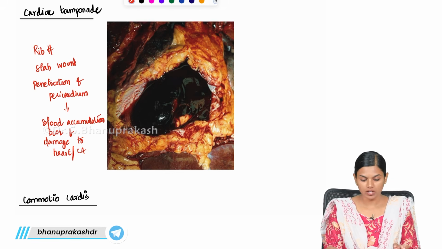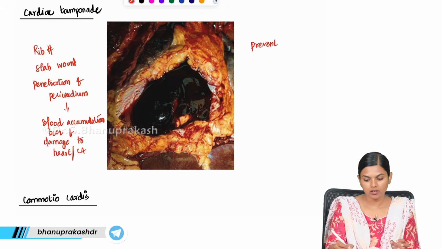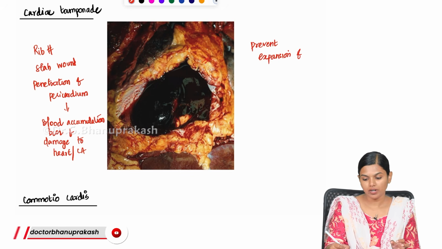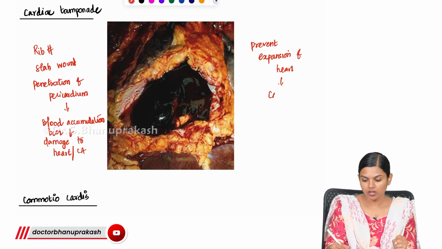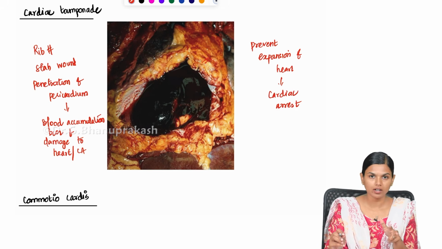So when the blood keeps on accumulating, it will prevent the expansion of the heart. Because of that, the heart will go into cardiac arrest. So that is what we call cardiac tamponade.